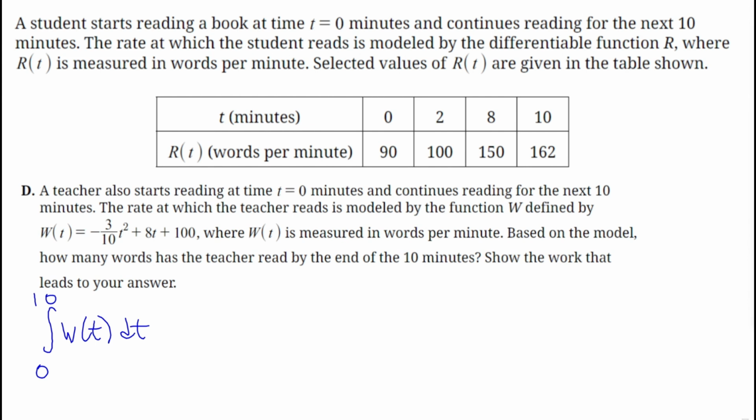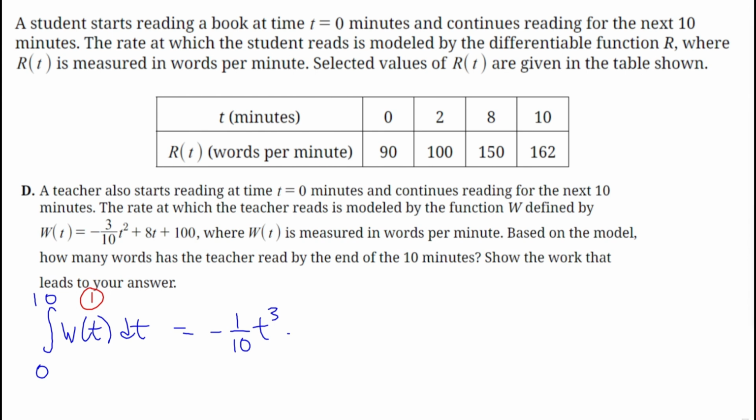And this is sufficient right here for getting your first point already, just writing that. And then actually doing the integral correctly gives you the next point. So if you integrate -3/10 t squared, that goes up to -3/10 t cubed divided by 3. So that's -1/10 t cubed.